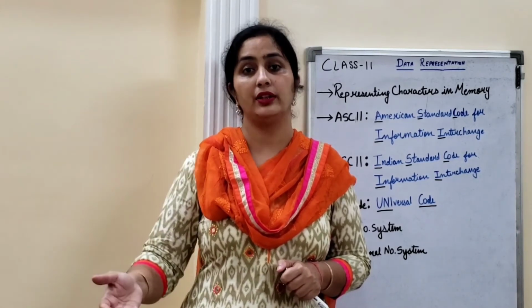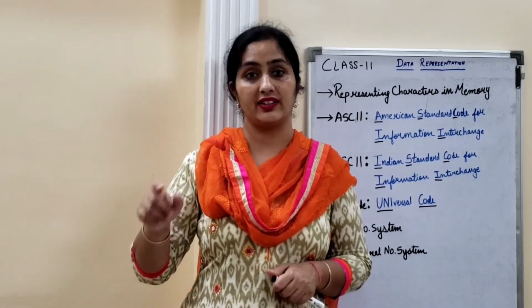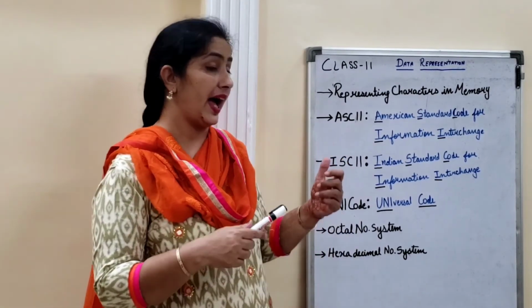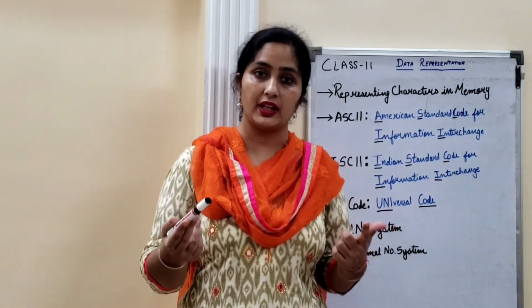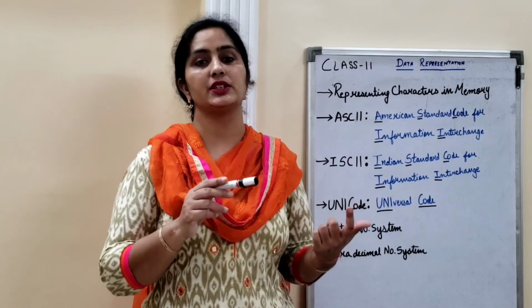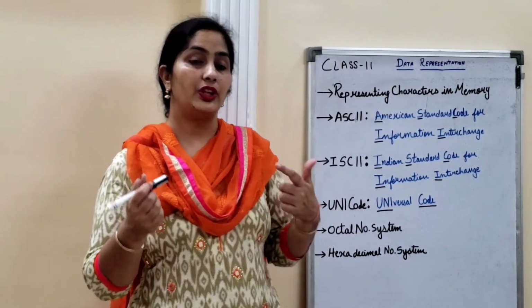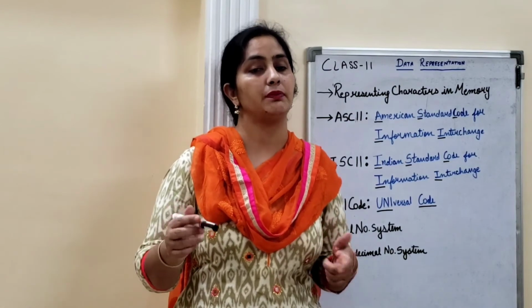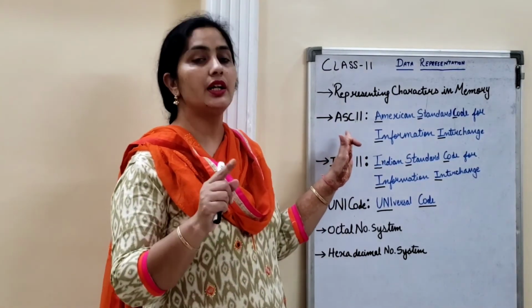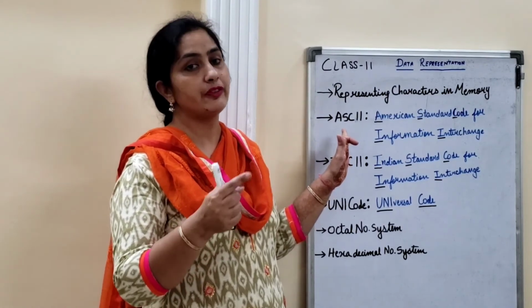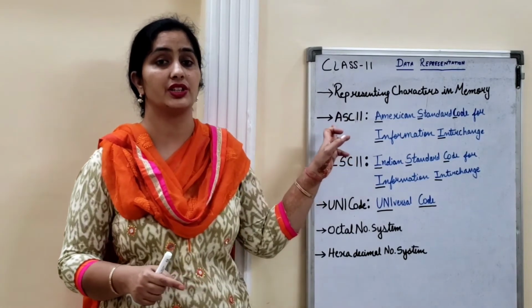Though from your childhood you are learning that spelling of color is C-O-L-O-U-R. The reason is this, because Microsoft Windows is an American product and their color spelling is C-O-L-O-R. That's why in HTML we are writing C-O-L-O-R in place of C-O-L-O-U-R, because we are following their code for information interchange, that is American Standard Code for Information Interchange.